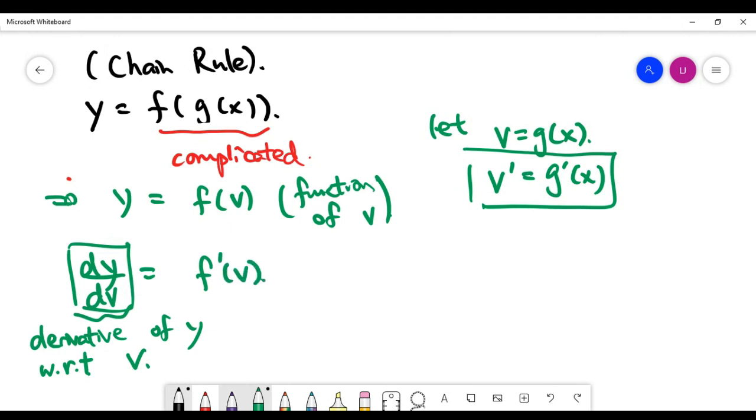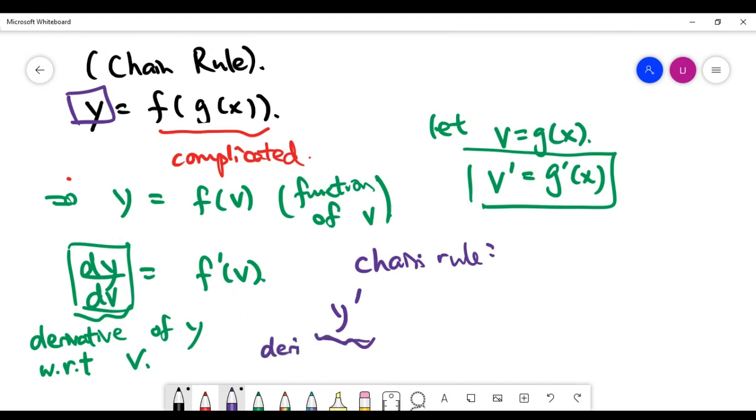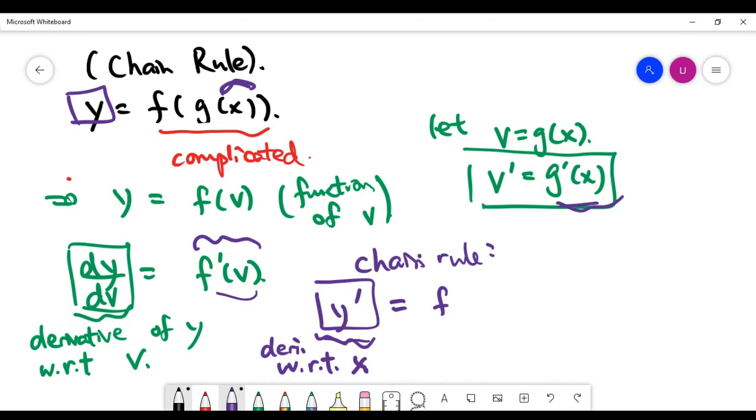Now the chain rule basically says that the derivative y prime, and I have to be very careful about the notation, the y prime is the derivative with respect to the original variable x. By the chain rule, y prime is the same as the product of two things. So I bring the two terms together. It's the same as f prime of v times g prime of x.